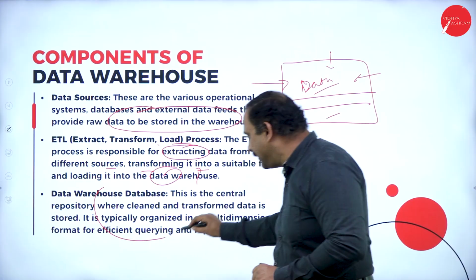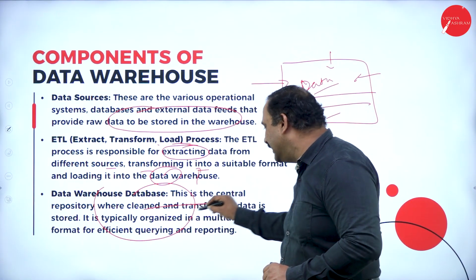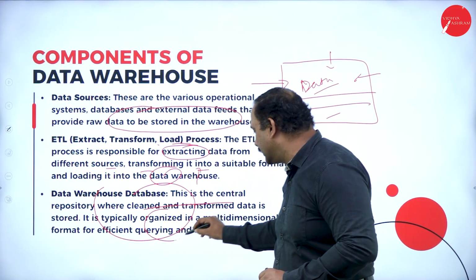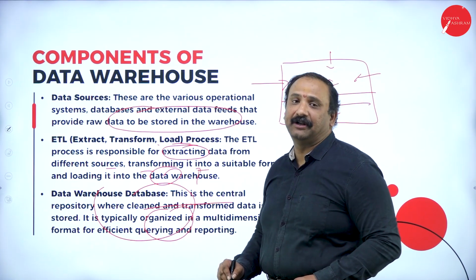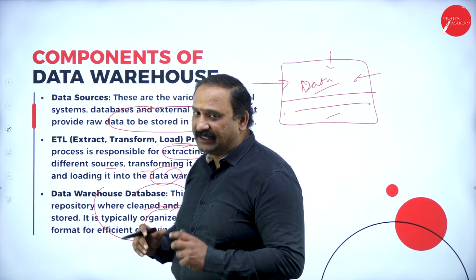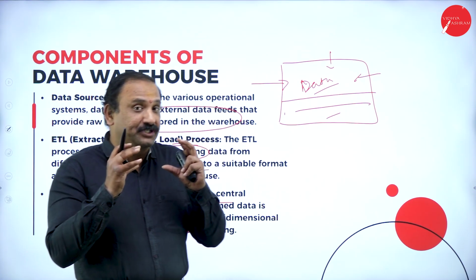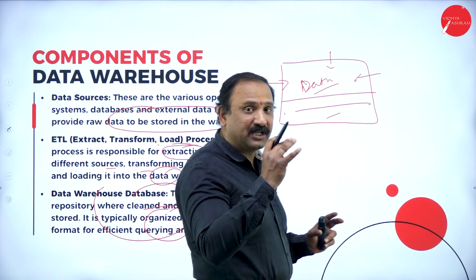Now comes the data warehouse database. This is a central repository where the cleaned and transformed data is stored. So typically organized in a multi-dimensional format for efficient query and reporting. Now what happens is that that data warehouse has become a collection of pristine data which will be used for multi-dimensional purpose.